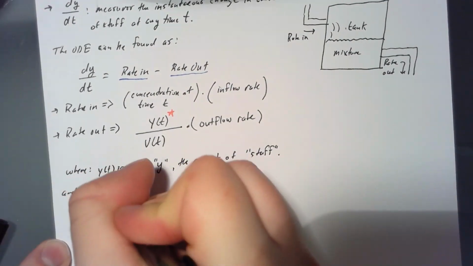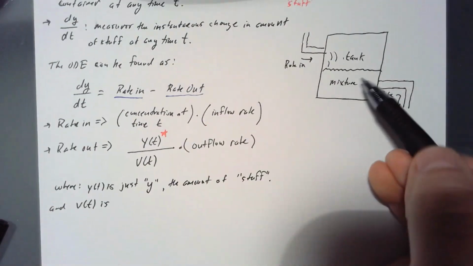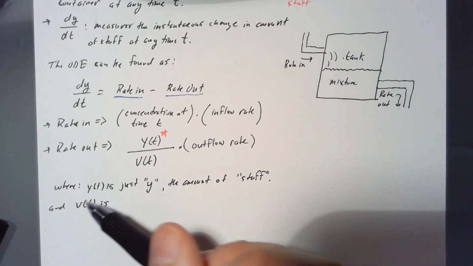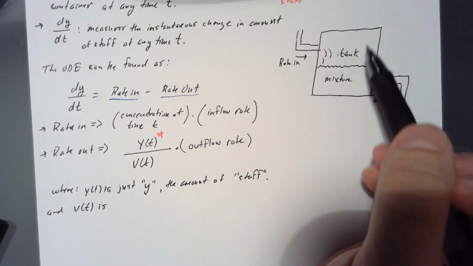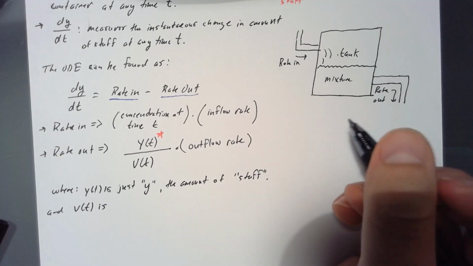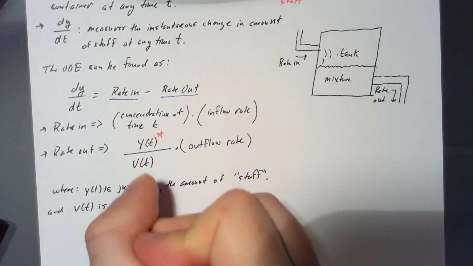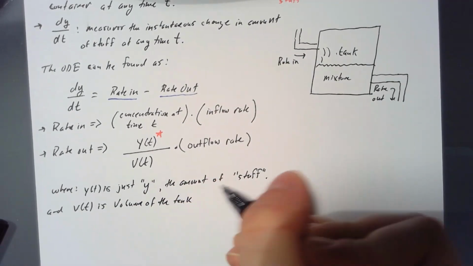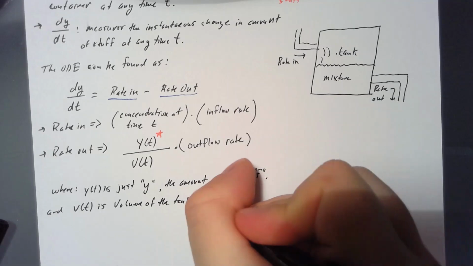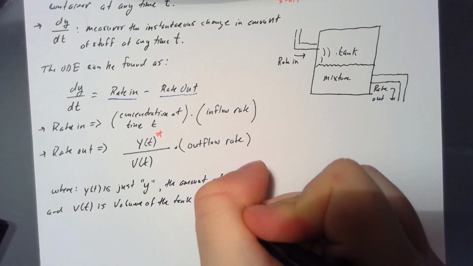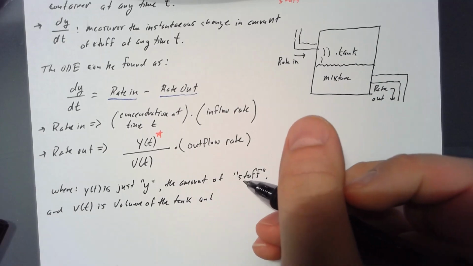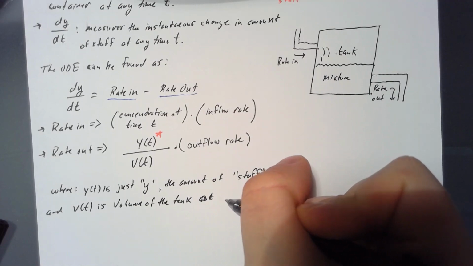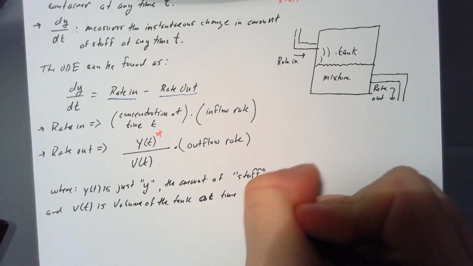And v of t, well, you could probably guess this, but if the function's named v, it's probably going to talk about the volume. So v is going to be the volume of the tank at time t.